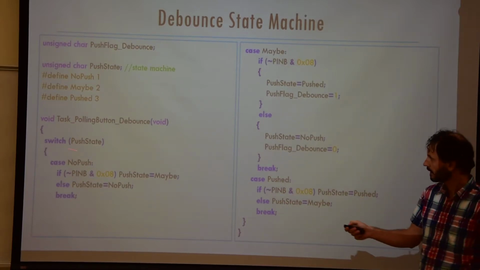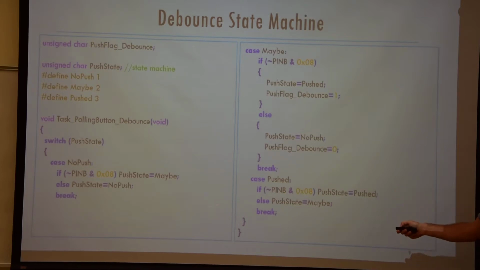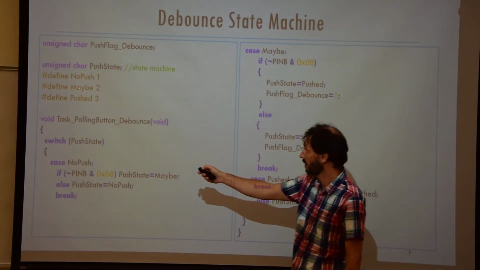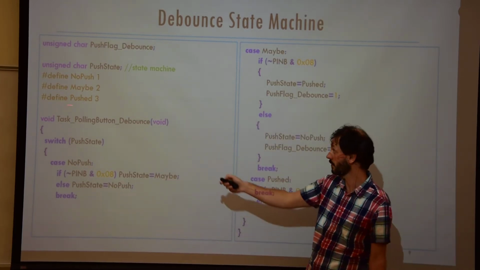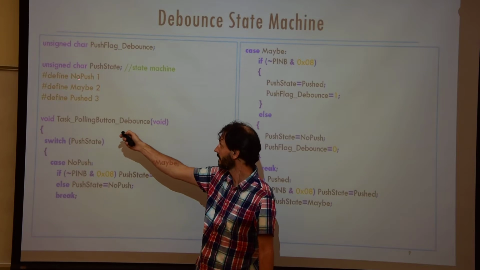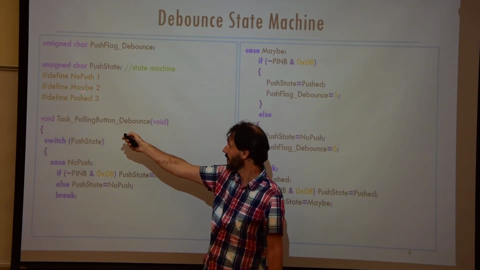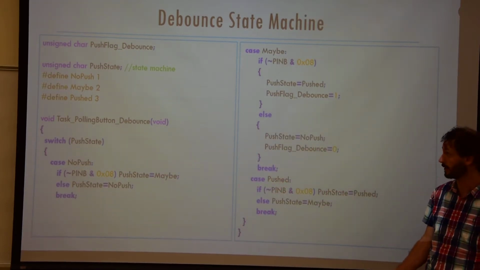So now let's implement this debounce state machine in this particular way. A natural way would, for example, be to, instead of using the enumerate struct that I once explained to you, use the define mechanism to literally create these words to mean 1, 2, and 3, being integer values.